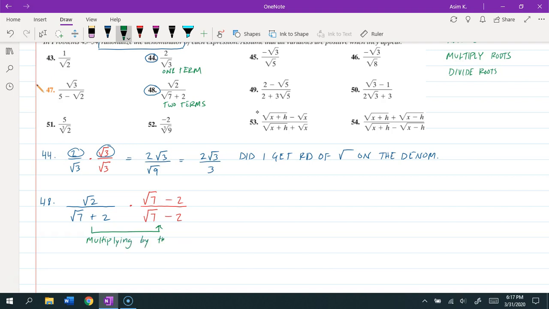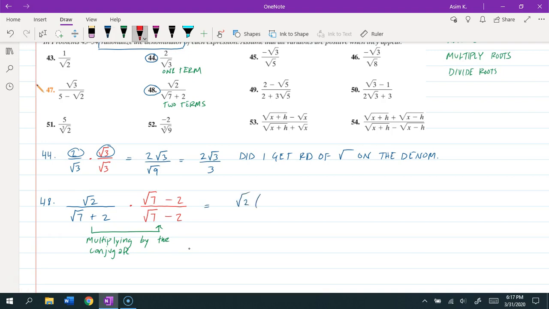A conjugate is basically the same 2 terms, but instead of an addition sign, you have a subtraction sign. You will see shortly what that is going to do for you. It all just depends on how much you focused on that previous homework.